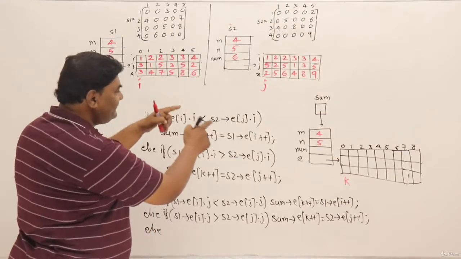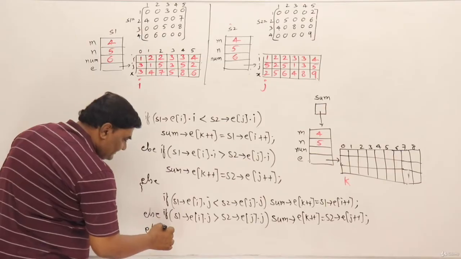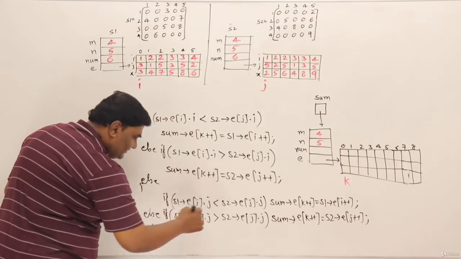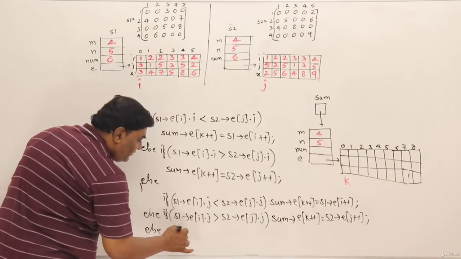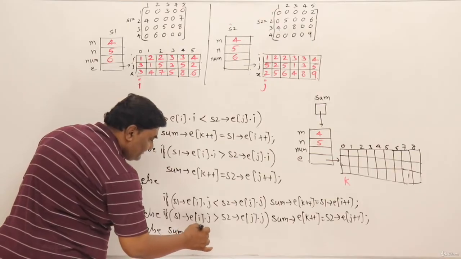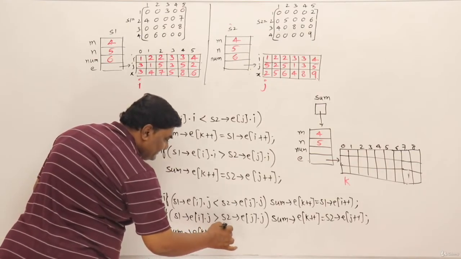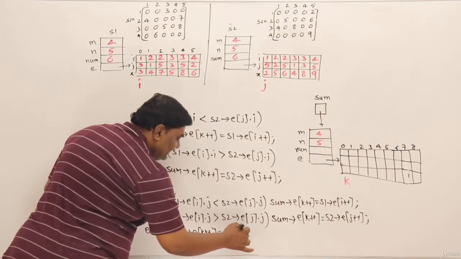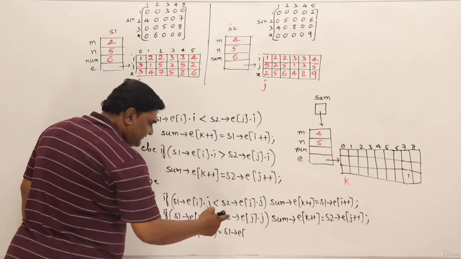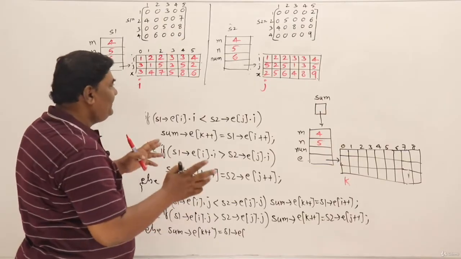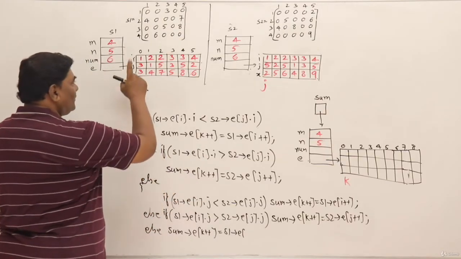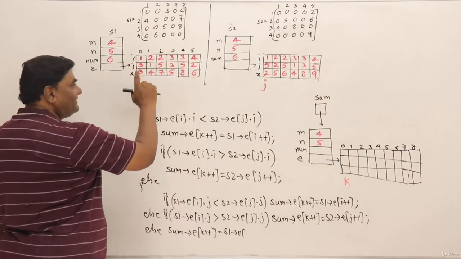We have to add these two and store the result there. So for the final else, I'll simply write on the code here itself. So sum of E of k plus plus is assigned with S1's E of I. So for copying, I have to copy three things: row number, column number, and the sum of the elements.